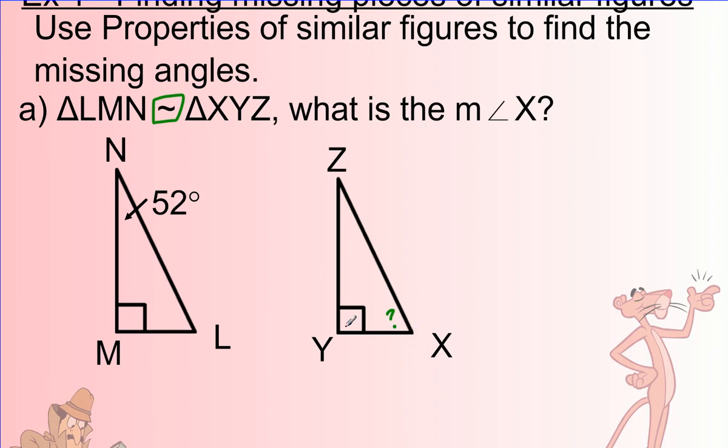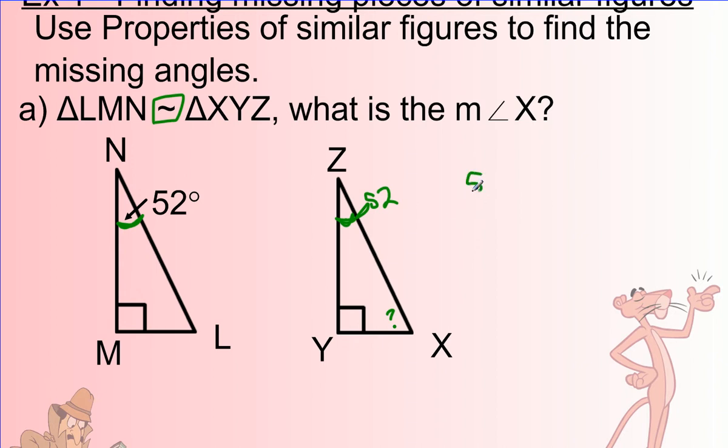Well, since the angles are similar, we know that this is a right angle and that's a right angle. I mean, they're both in there. We know that since this is 52 degrees, this is 52 degrees. And then all we need is that background information that we used in the last lesson, that all the angles of a triangle add up to 180 degrees.